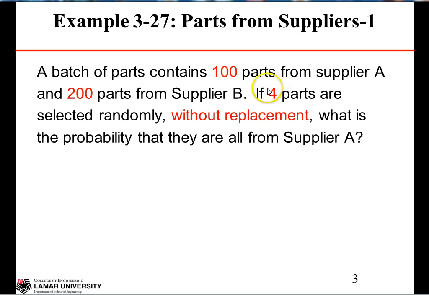This 4 is the lowercase n, and we are looking for the probability that they are all from supply A.